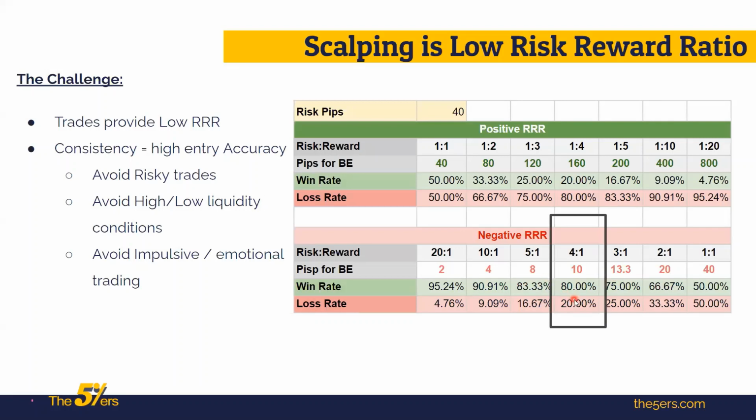So that is pretty much a lot. To achieve 80%, we really have to be patient and be very concise with our entry signal strategy.